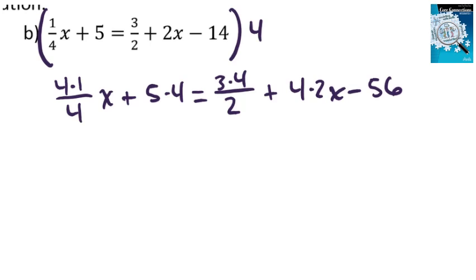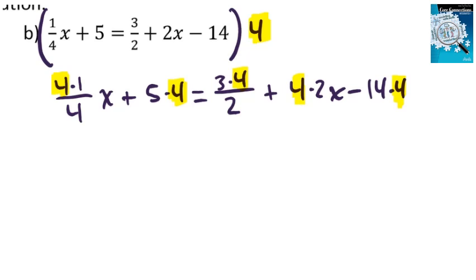Now, I didn't show it in that step, so I should show that. -14 times a 4. I want to be real clear. Every single term on both sides ends up with a brand new, fresh factor of 4. And you can see every single one of them did.